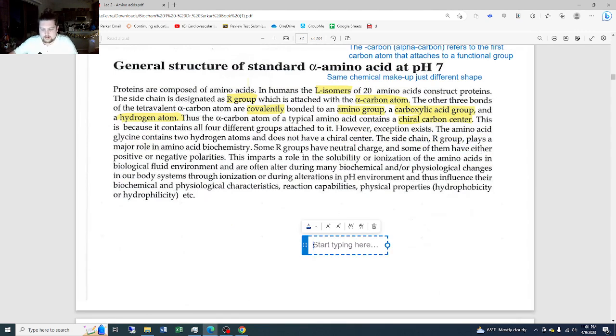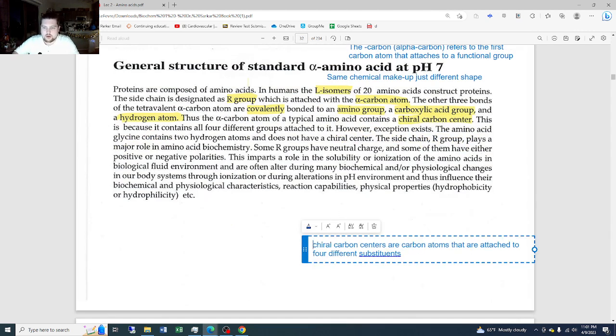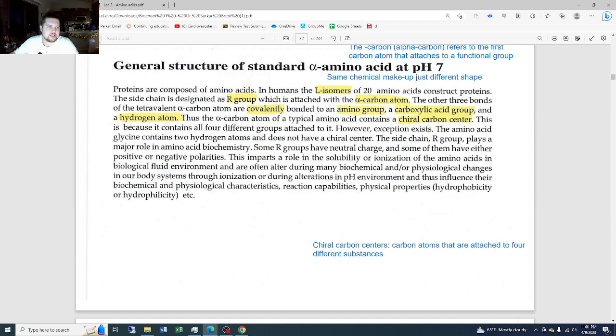So, for example, this is what we really want. Carbon centers. Our carbon atoms are attached to 4 different, we'll say substances, because that's an easier definition.